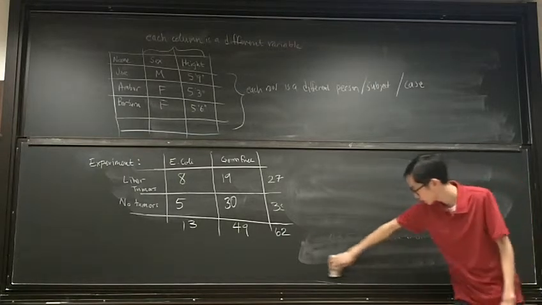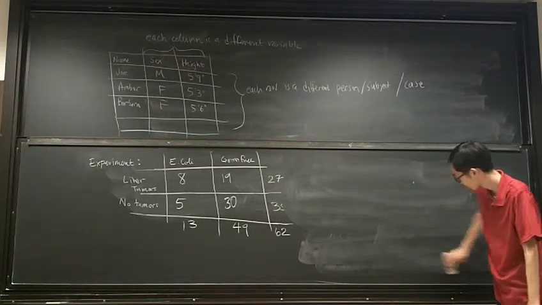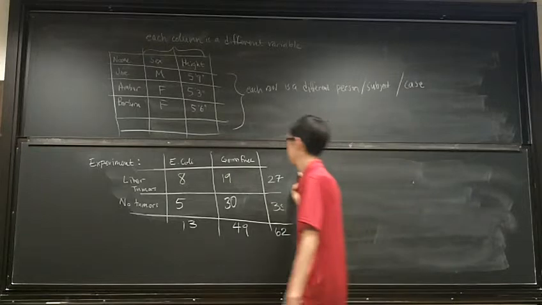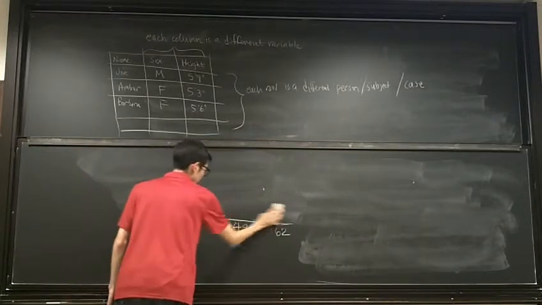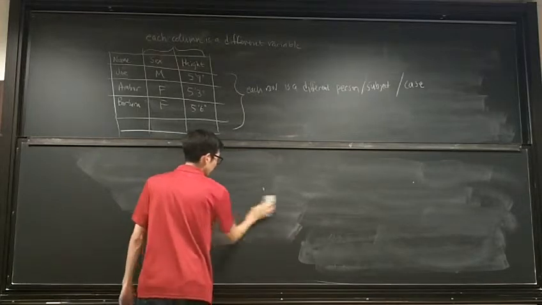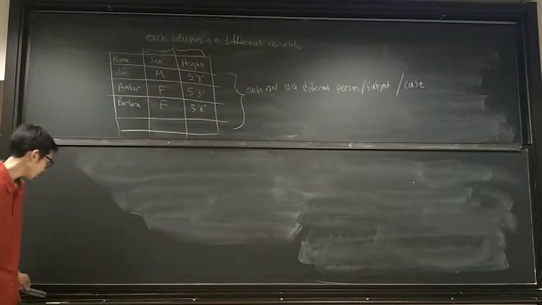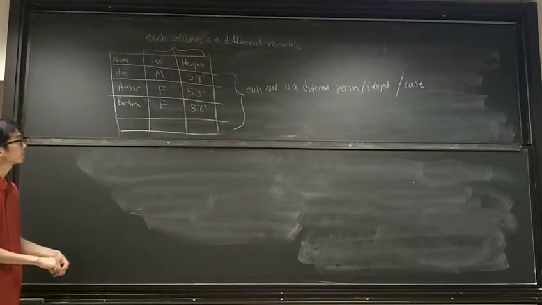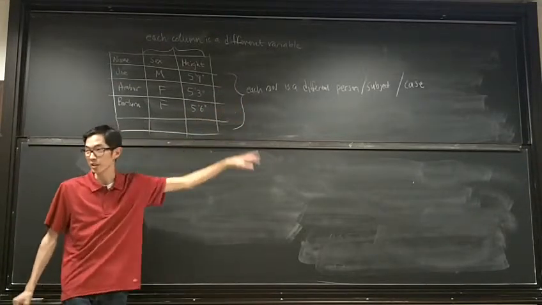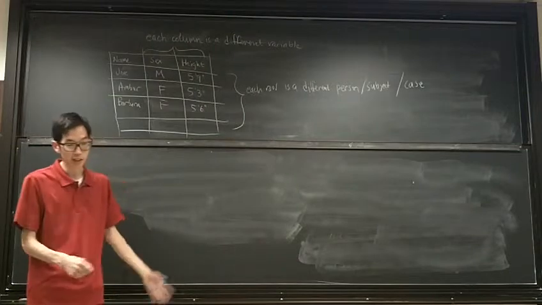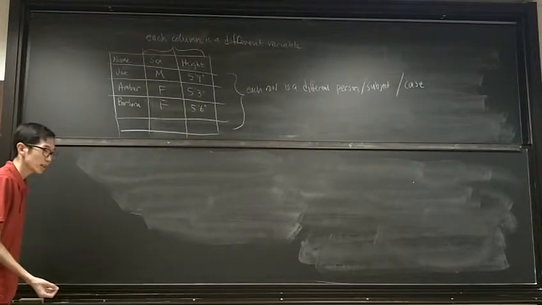So we could just add another column. If I said, okay, I also want to know the age of everybody, I can add a column called age and just start listing off, adding that piece of information, okay?